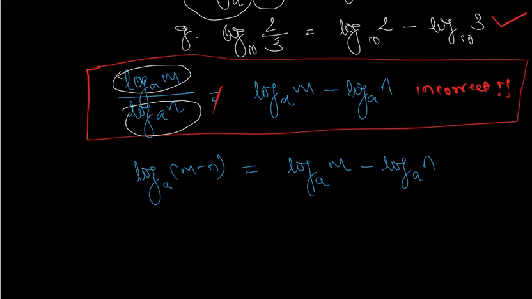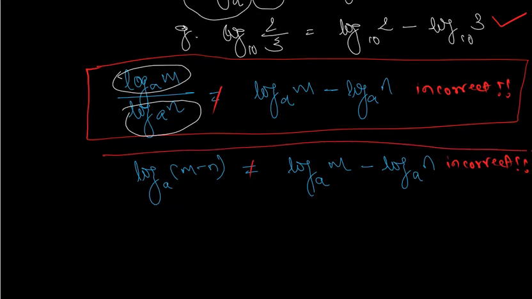Now, algebraically, this might seem correct, because we have opened the brackets and log has been redistributed. But distributivity cannot be the property of logarithm. So this is not correct. This is incorrect. Please understand that.